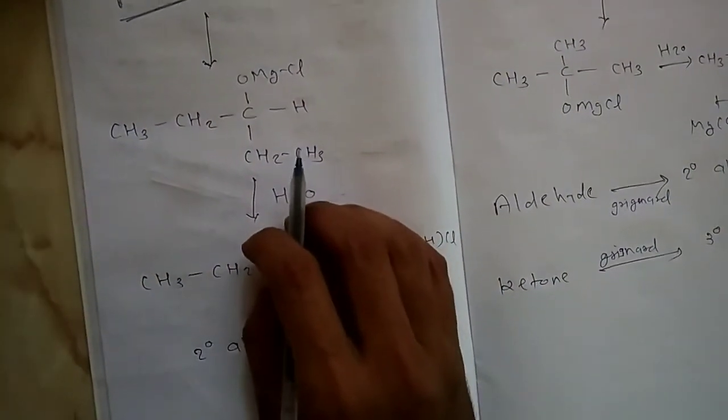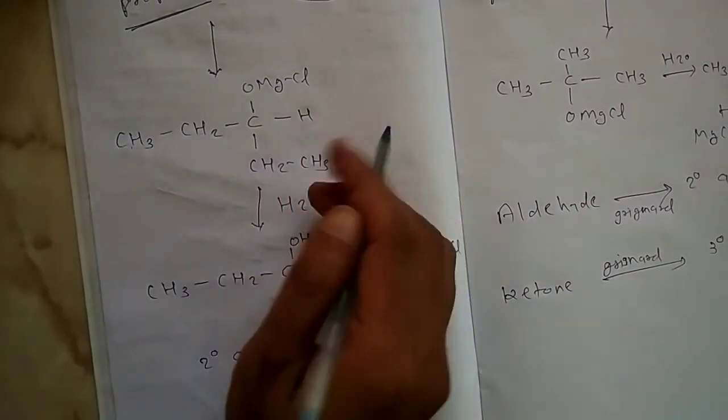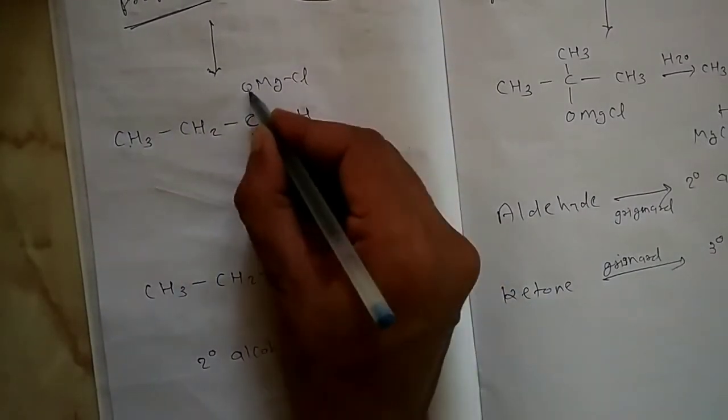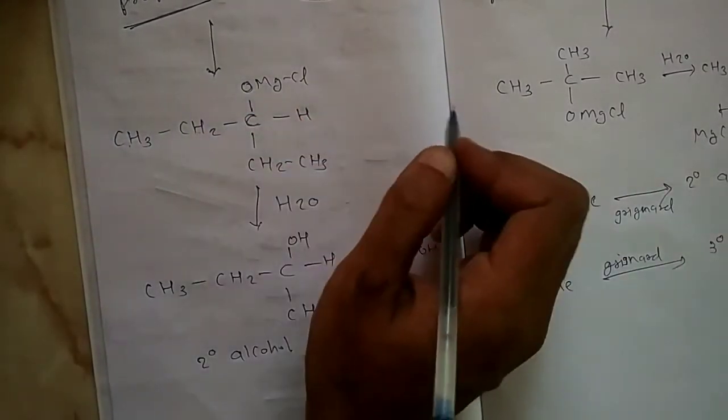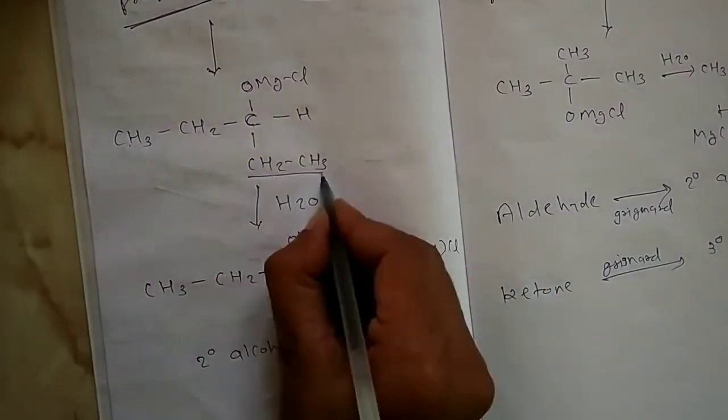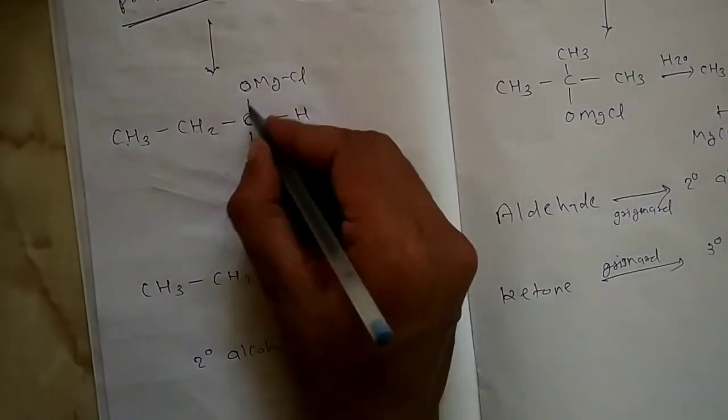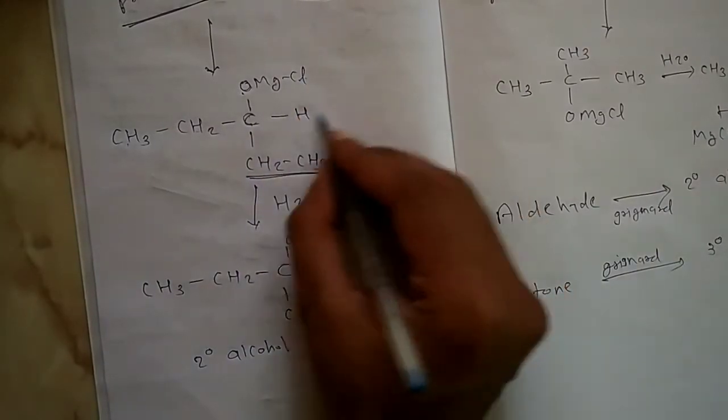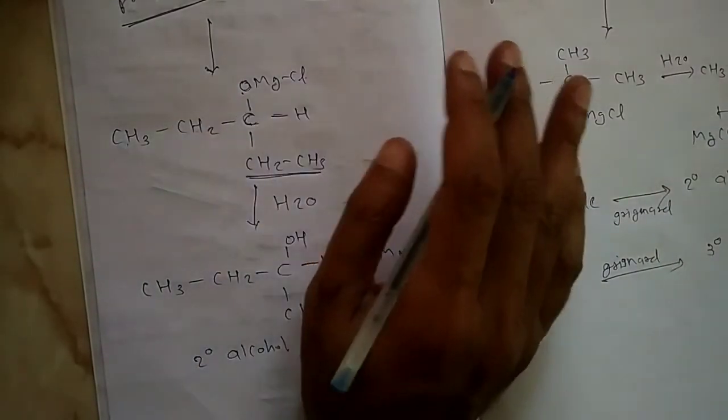So you will get this intermediate. You can see CH3 CH2 is as such, C, O, the double bond breaks here. With carbon, the ethyl group attaches, and with oxygen, MgCl attaches. This hydrogen remains as such.